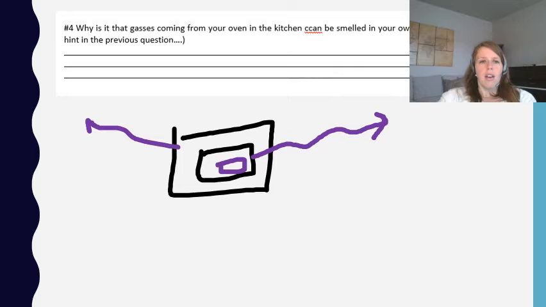It's because gases have no volume. Gases move anywhere there's space to be moved. Gas molecules are the fastest. They move like crazy. They have no volume, no shape. Because of that, gases move everywhere, and you can smell the good things as well as the bad.